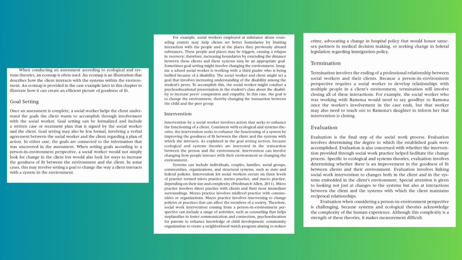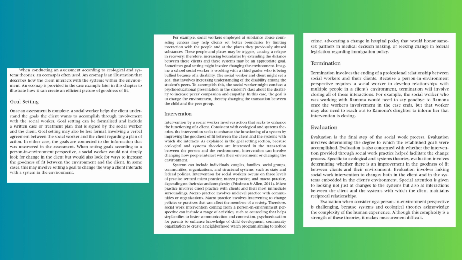Intervention by a social worker involves the action that seeks to enhance the functioning of a client. Consistent with ecological and systems theory, the intervention seeks to enhance the functioning of a system by improving the goodness of fit between the client and the systems with which she interacts.